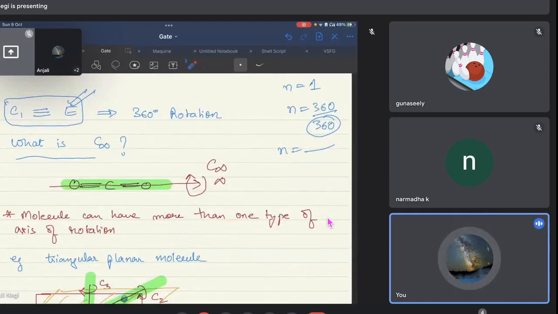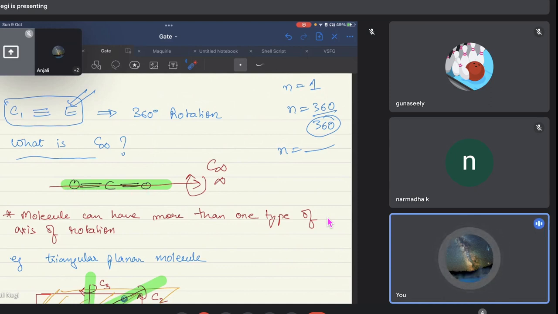There is a point to be noted that for C1, n is equal to 1, that means n is 360 by 360. So I am doing a full rotation of 360 degree, that is equal to identity E. Correct? So C1 is identity E. And what will be C infinite? C infinite is something which you can understand by this particular molecule CO2.